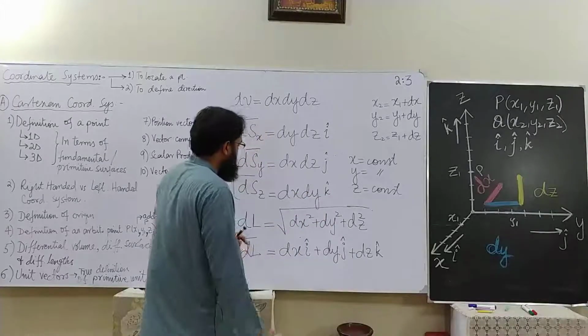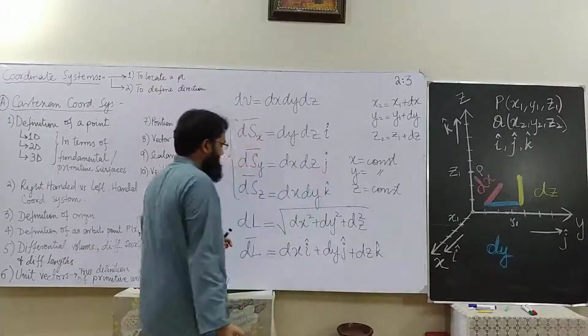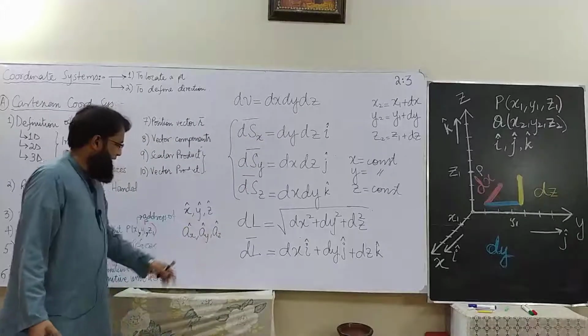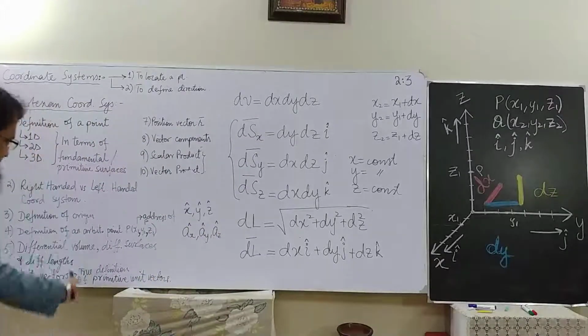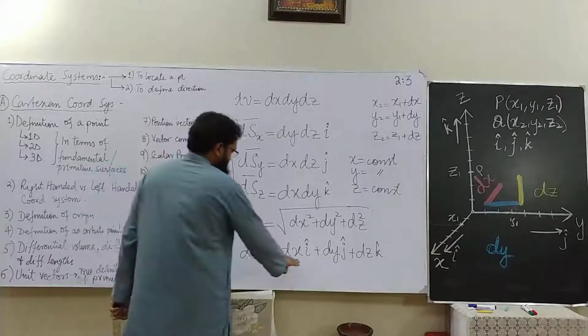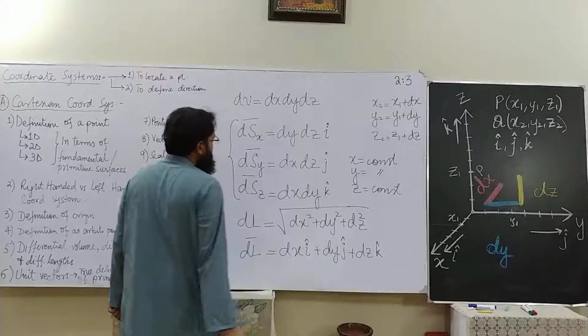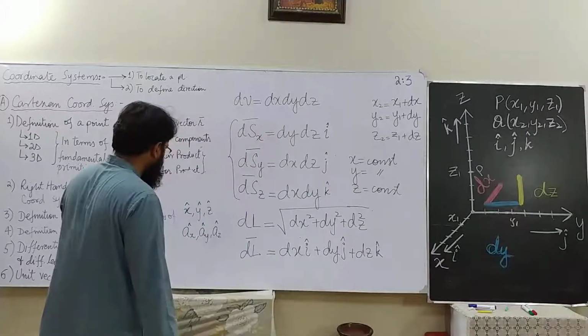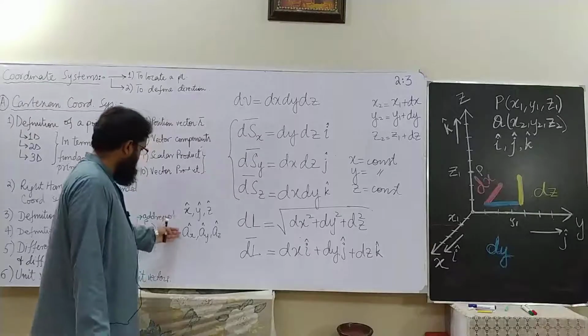So we normally don't use i, j, k in electrical engineering. Rather we use x cap, y cap, z cap, or a with subscript x, and so on. I just used i, j, k in the last lecture, and this would probably be the last time I would use i, j, k. Either I will use this notation or that notation.